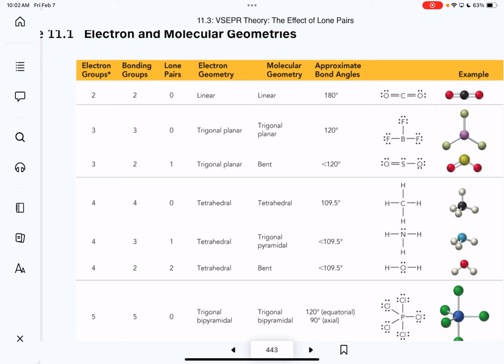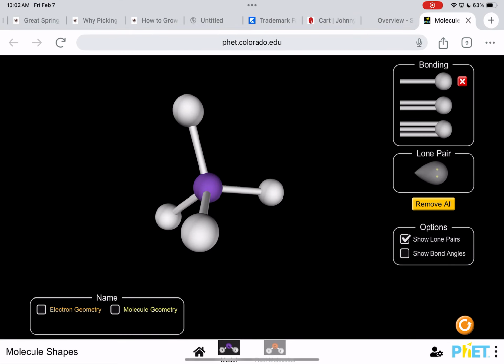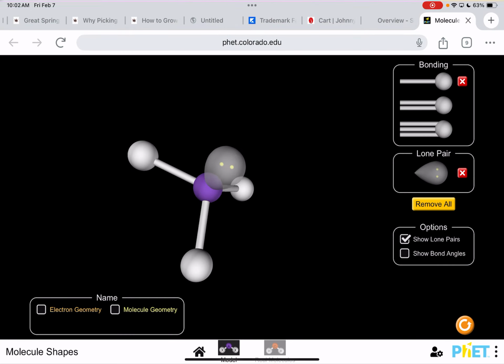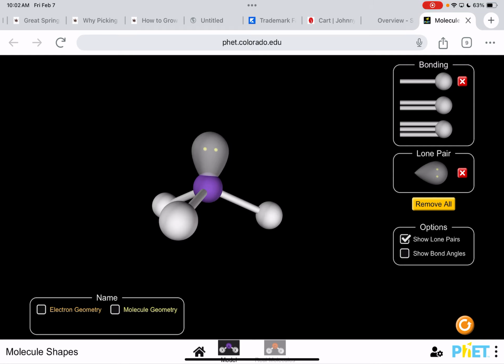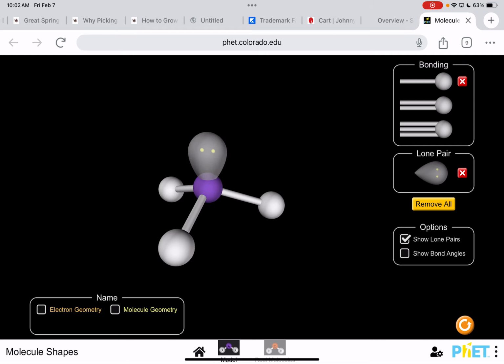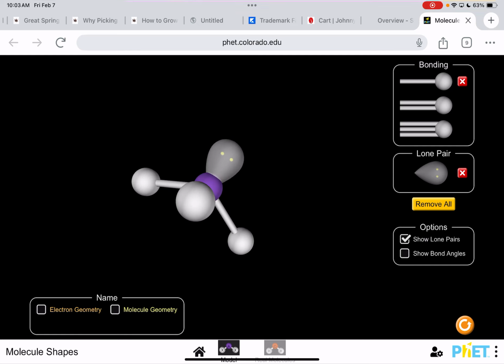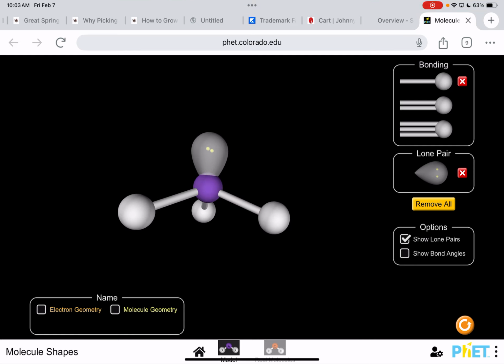And if there's a lone pair, the electron pair still takes up a region of space. So if we go back to our simulation, it's still tetrahedral the way that the electrons are arranged. Okay, so electron geometry is completely defined by the number of electron groups.